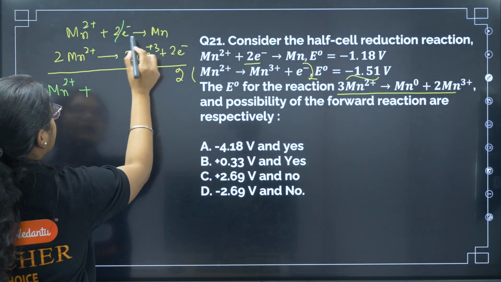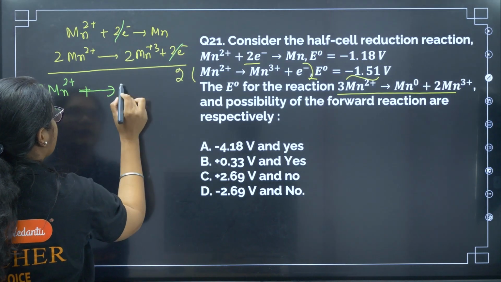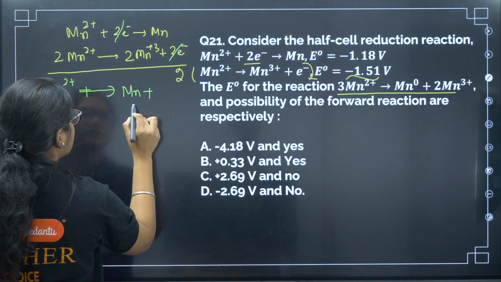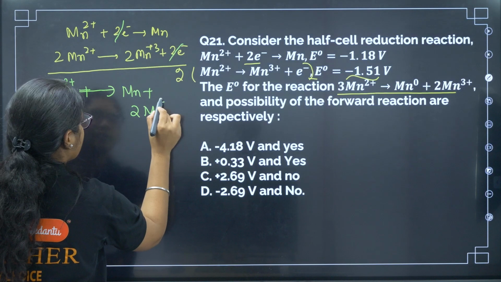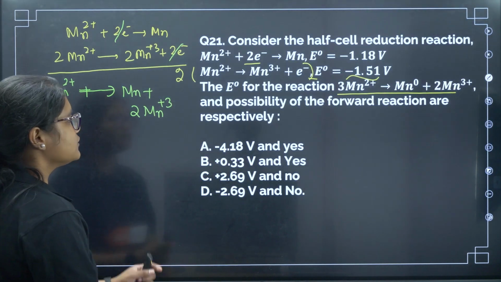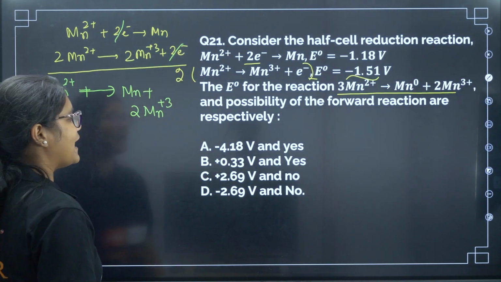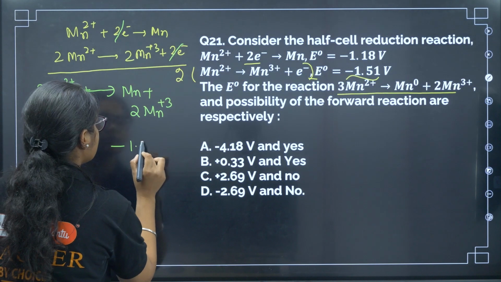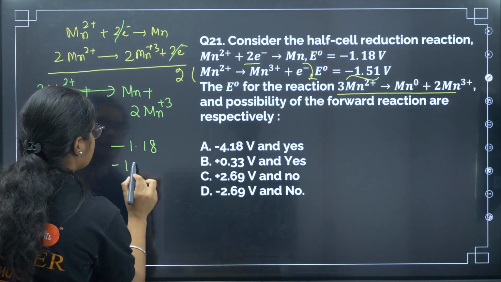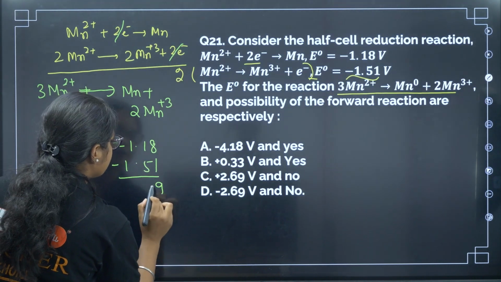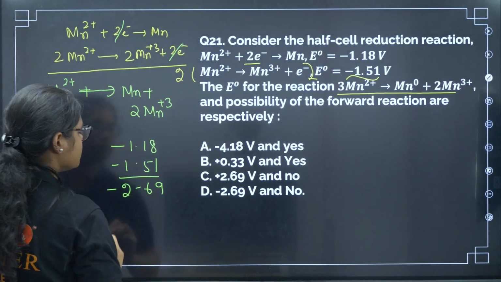Then these 2 electrons will get cancelled, and here we have Mn plus 2 Mn3+, right. So now we simply add these 2 values. I'll get minus 1.18 and minus 1.51. If I add this one, I'll get minus 2.69.